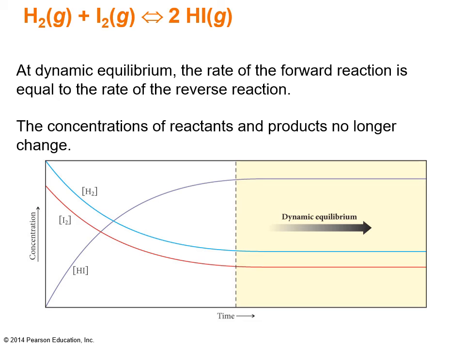If we look at our example of hydrogen and iodine forming HI, the amount of hydrogen and iodine are eventually going to come to a constant concentration, and the amount of HI is also going to come to a constant concentration. And this is where equilibrium occurs.